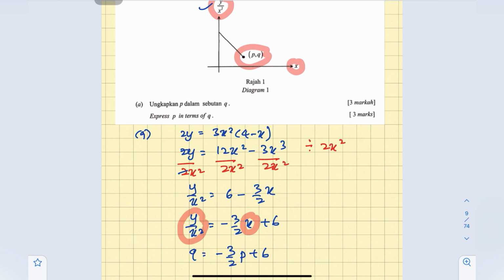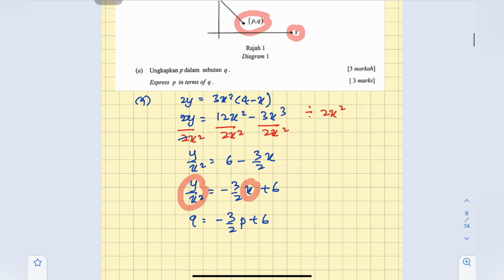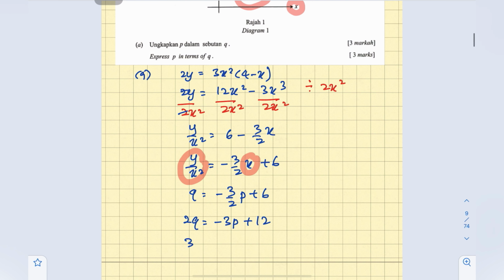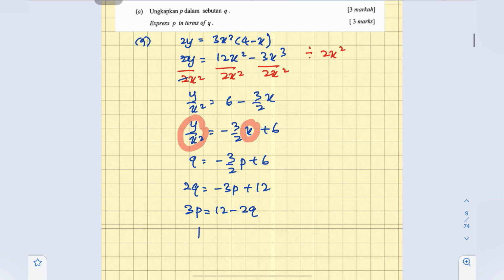Okay, they want P in terms of Q, so P alone. We multiply everything by 2. Here we get 2Q equals negative 3P plus 12. So 3P equals 12 minus 2Q. So P is (12 minus 2Q) over 3.